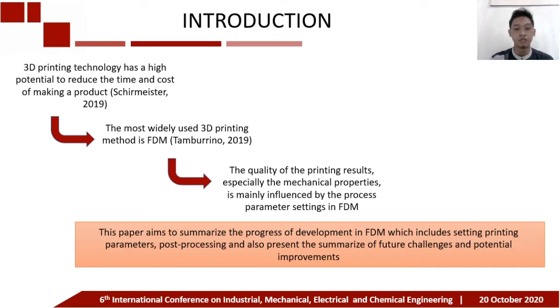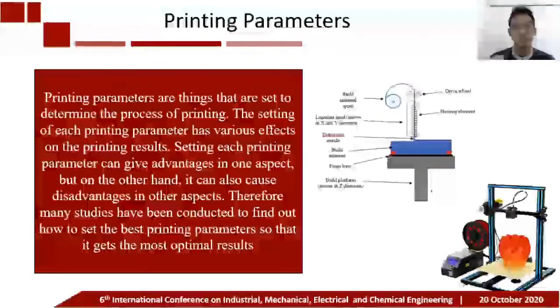There have been many studies related to this, therefore it is necessary to summarize and look for challenges and potential improvements. So this paper aims to summarize the progress of development in FDM, which includes setting printing parameters and post-processing, and also present summaries of future challenges and potential improvements.